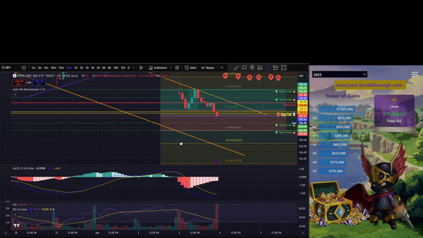Once it breaks that line at 533.01, we're going to hold and take profit at 528.95. I'm going to draw this out for you. So that support line, once it gets invalidated by getting broken through by a red candle, our take profit is going to be all the way at 528.95.